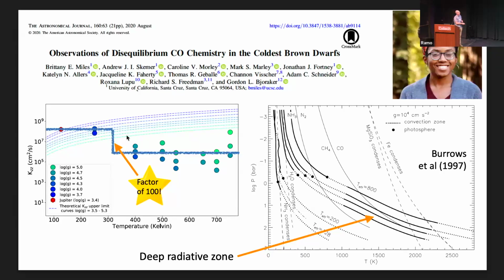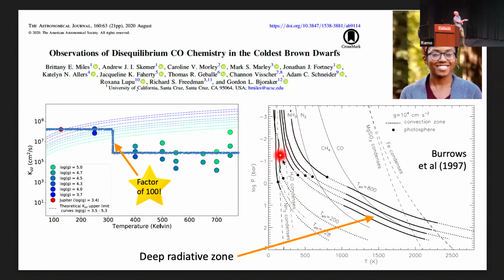And one of the things we talked about in the paper is what might cause that. There was a prediction going back to the 90s by Adam Burrows and collaborators, including Mark Marley, that some of these atmospheres, as you go to warmer temperatures, should actually have a radiative zone that we can't see, a detached radiative zone down below the visible atmosphere. In this diagram, this is temperature versus pressure. In black are radiative zones.